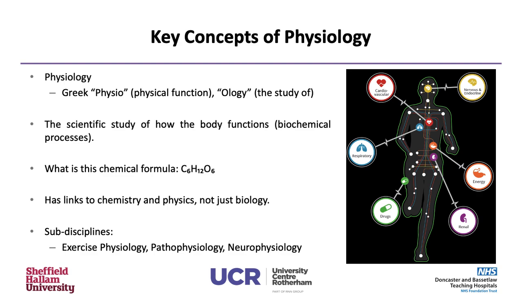It also looks at chemistry and physics and not just biology. There are subdisciplines of physiology, which include exercise physiology, which is the study of how the body functions as a result of exercise, pathophysiology as a result of disease, and neurophysiology, which is ultimately exploring the brain's function and how that works.